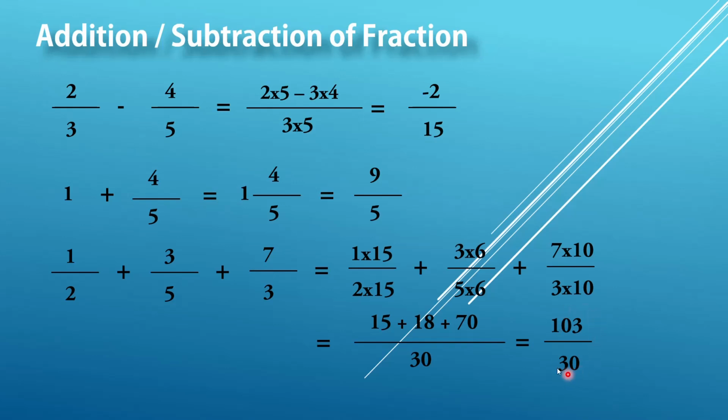Okay, so this is also a right answer, but we can also convert it this way, as a mixed fraction. First divide 103 by 30. So the quotient will be 3, and 3 into 30 means 90. So 90, and then 13 will be remaining.